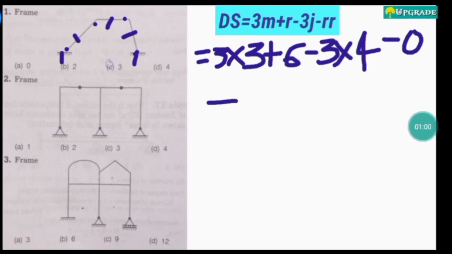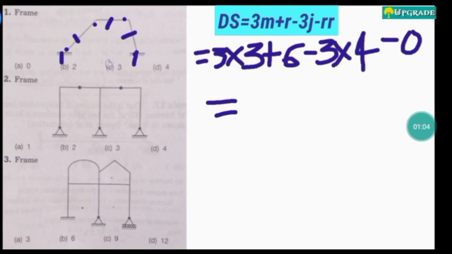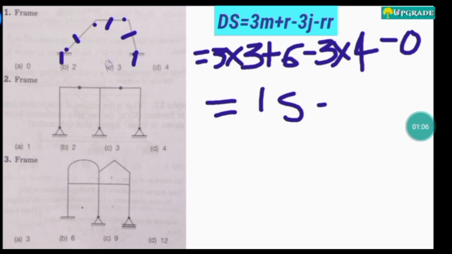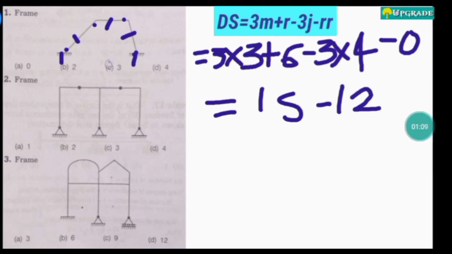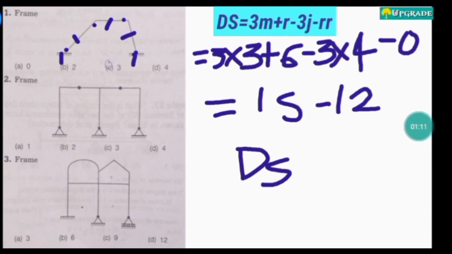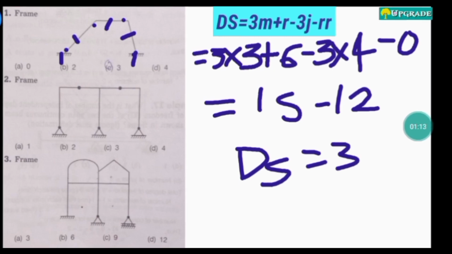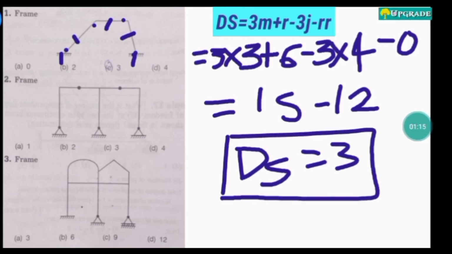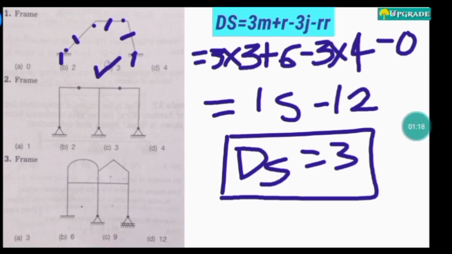Why? Because there is no internal hinge or any hybrid structure. So 3 threes are 9 plus 6 is 15, minus 3 fours is 12, so therefore ds will become 3. The answer is 3, so option C is correct.